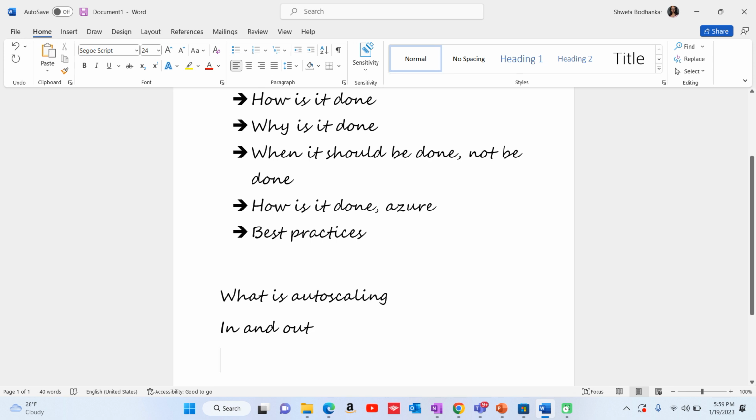Okay, so basically, when we talk about scaling, there are two types of scaling: in and out, and also up and down, right? Scaling in and out is nothing but the horizontal scaling, which means that you actually add or remove underlying resources. Maybe you will add instances, reduce instances, things like that. And up and down scaling is vertical scaling, right?